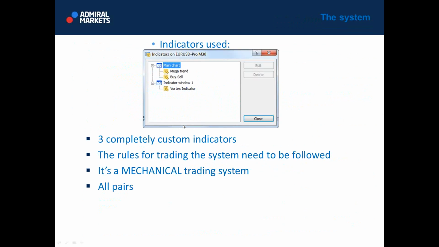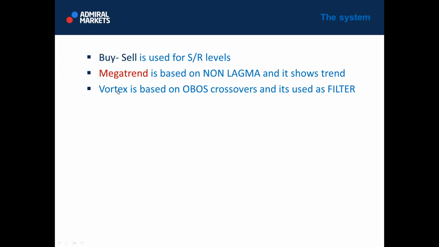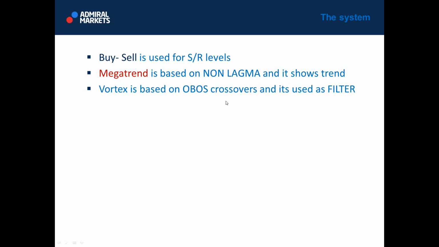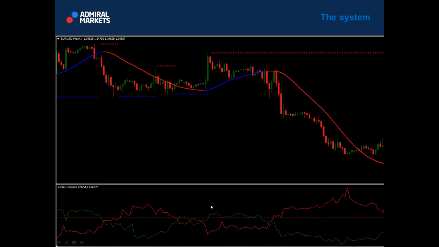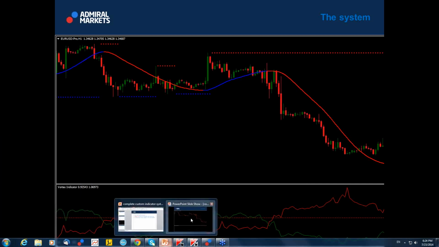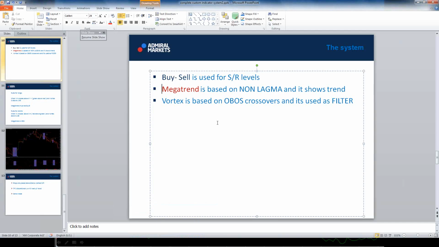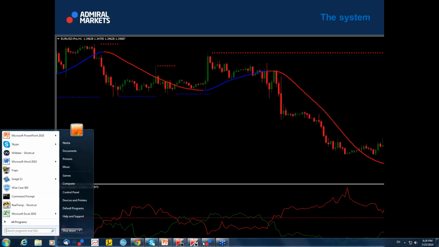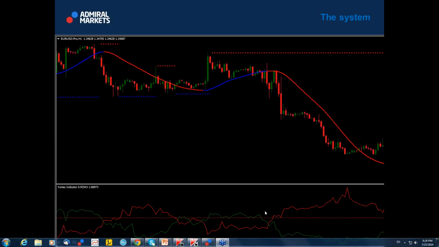Then there is also one more indicator. It's called Vortex. And the thing is, Vortex here is based on overbought, oversold levels, as I explained. It's used as a filter, but this indicator reminds me pretty much of ADX cross.